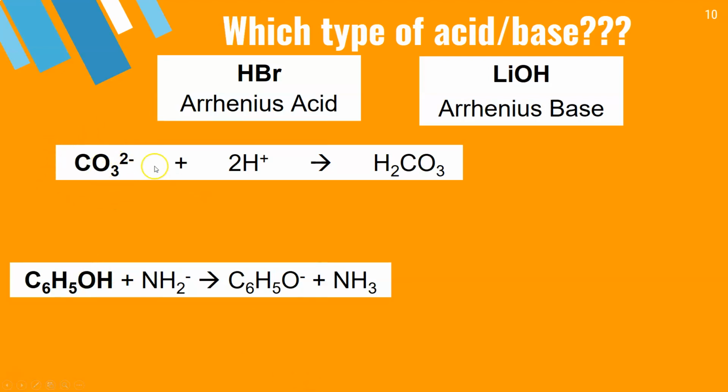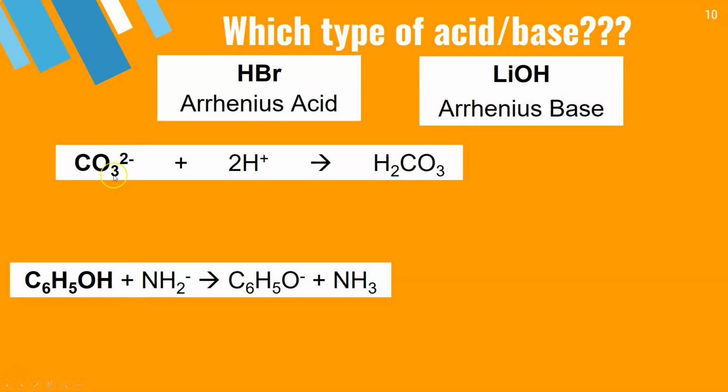Is the carbonate ion going to be an acid or a base? Is it Arrhenius, Bronsted-Lowry, or Lewis? Is this one down here, C6H5OH, an acid or a base? Is it Arrhenius? Is it Bronsted-Lowry? Or is it a Lewis?